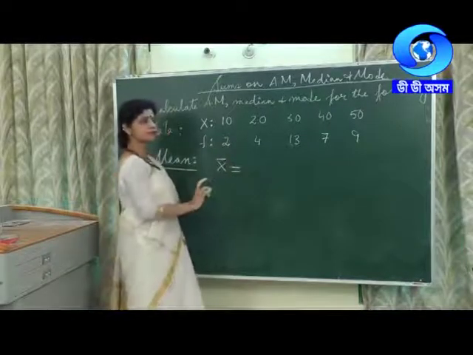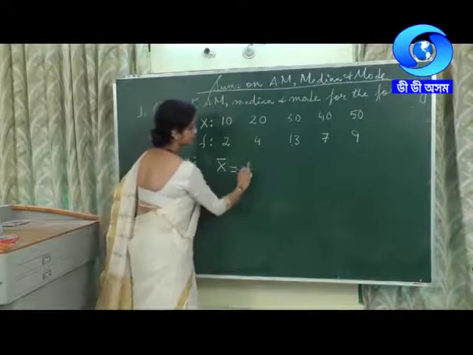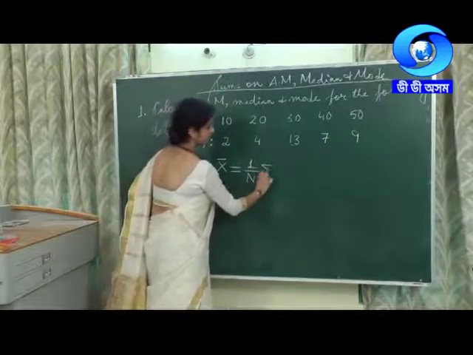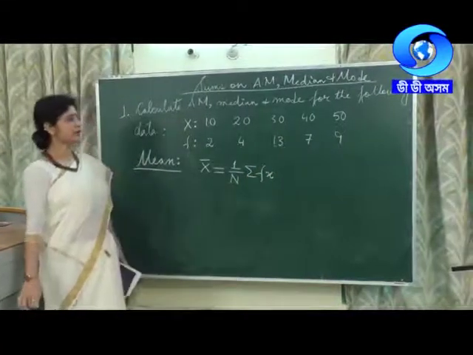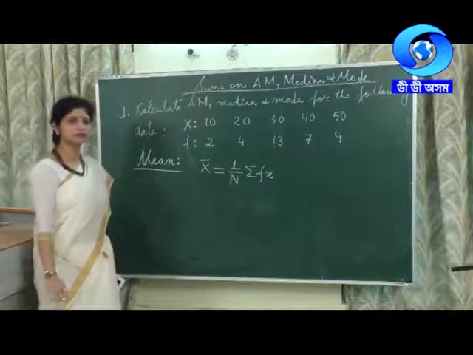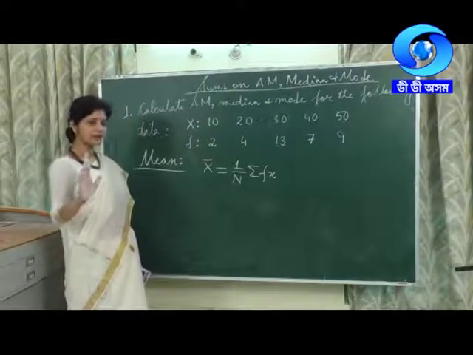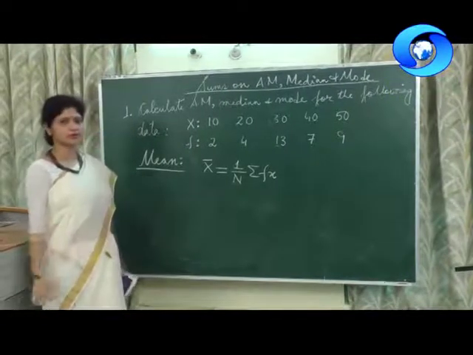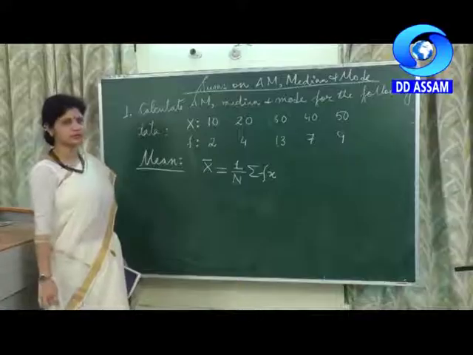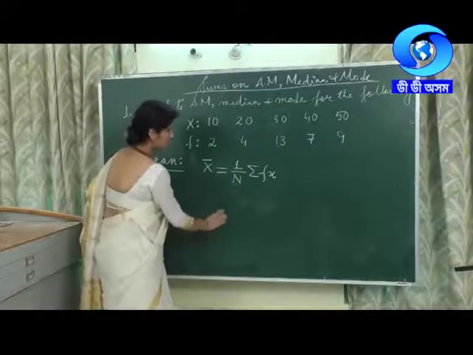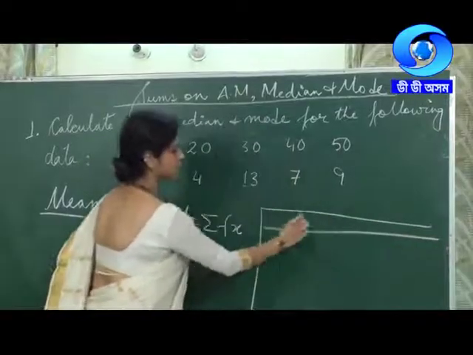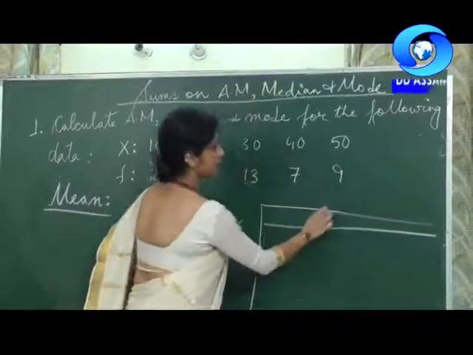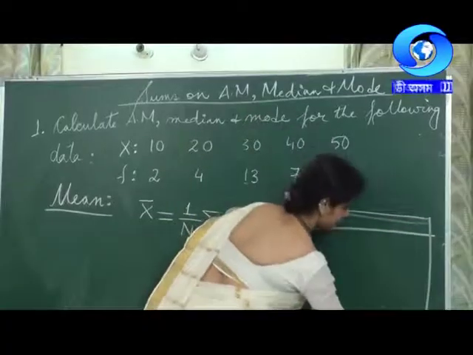We shall first use the direct method, which is 1 by n summation fx. For calculating median, there is no specific formula, but we have to construct the cumulative frequency distribution table. Together we can do the median and arithmetic mean calculation.